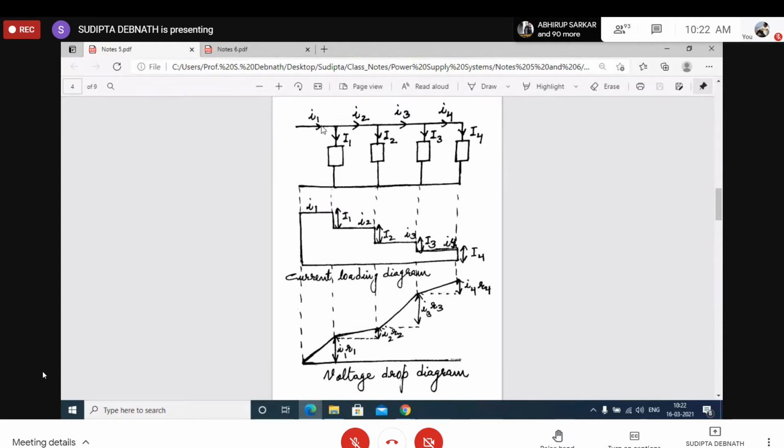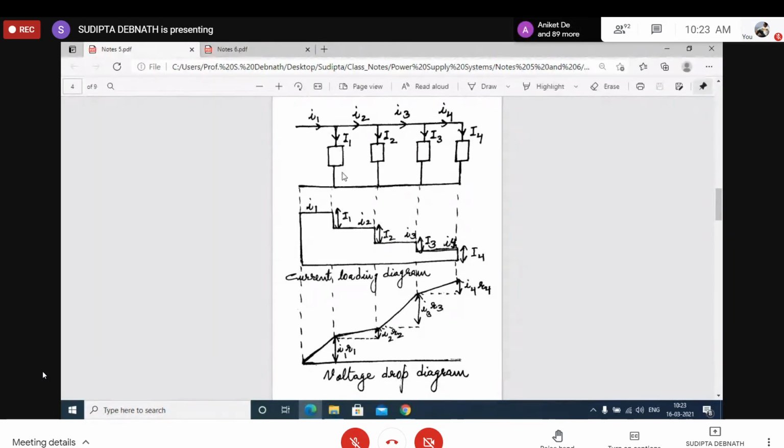If we draw the current loading diagram, this I1 is maximum. You can understand what is I1. I1 is actually equal to capital I1 plus I2 plus I3 plus I4. So this I1 is maximum, and up to this point this I1 will flow. What will happen to this portion of the distributor? It will be less, it is I2. What will be the value of I2? I2 will be equal to small I1 minus capital I1.